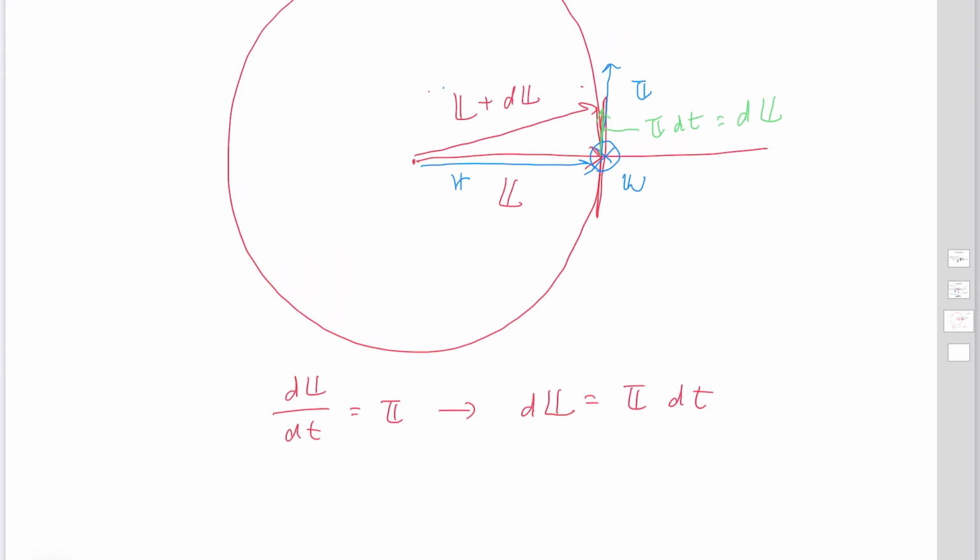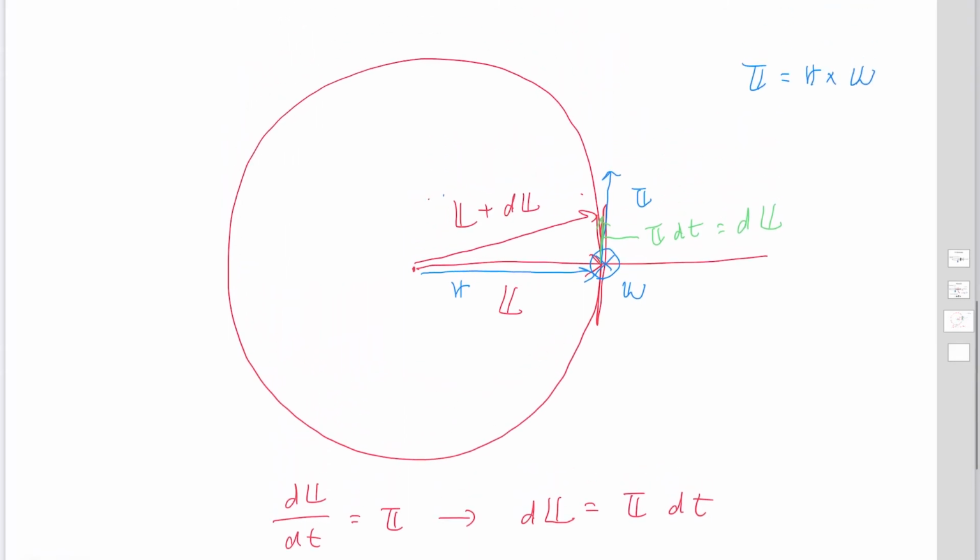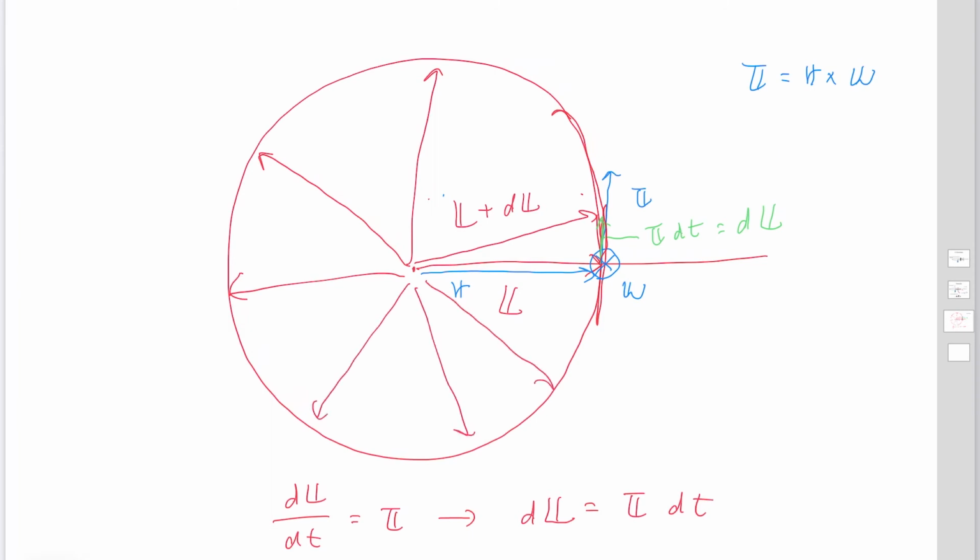So the angular momentum is making a circular motion. The angular momentum is changing direction and returning to the same point. This is what we call precession.